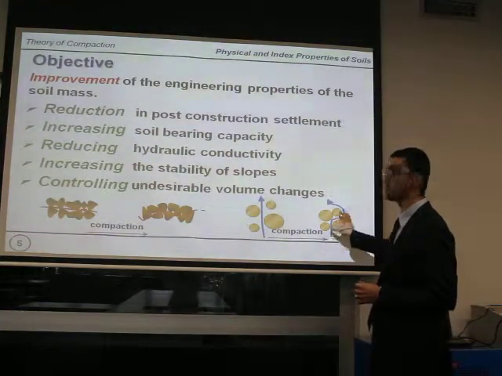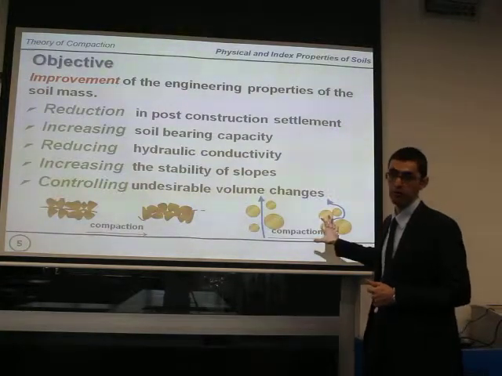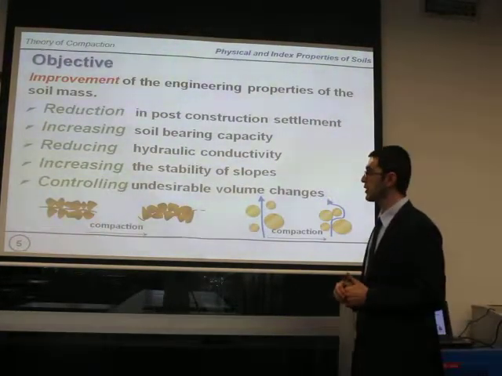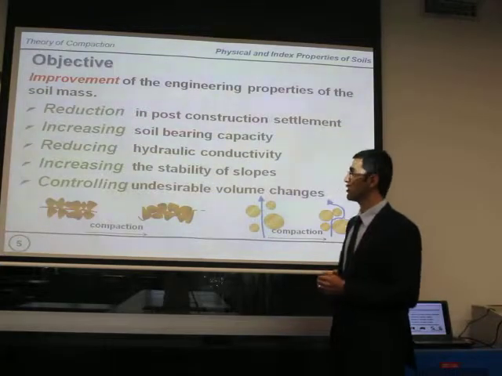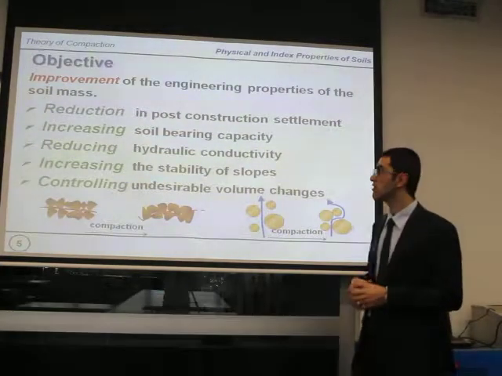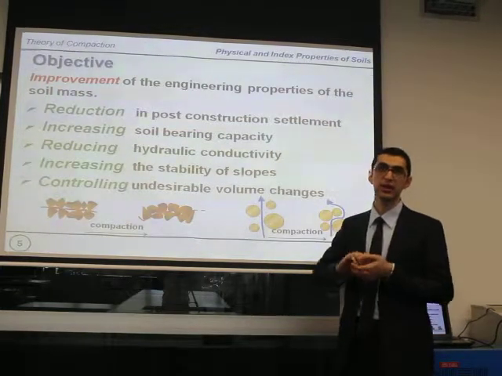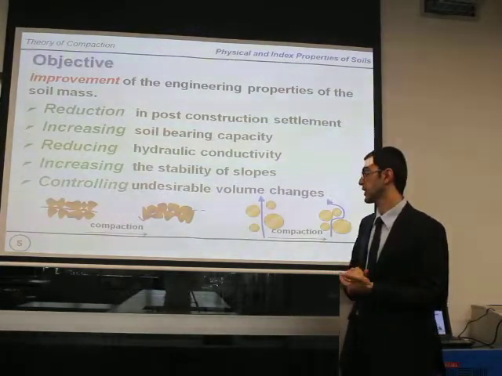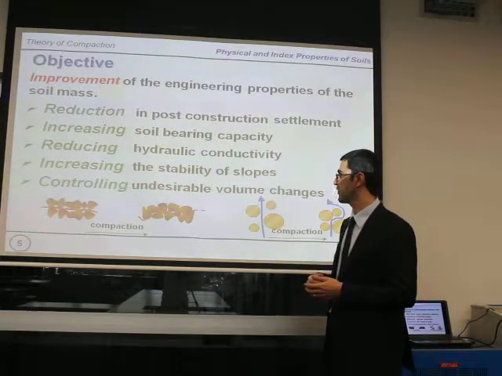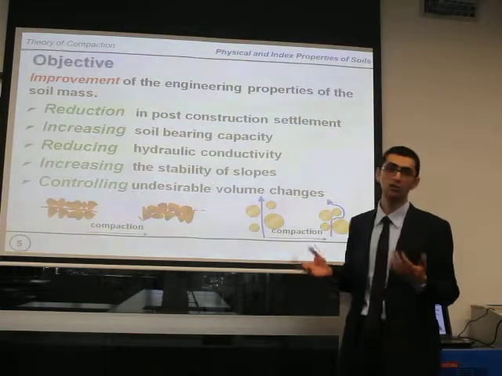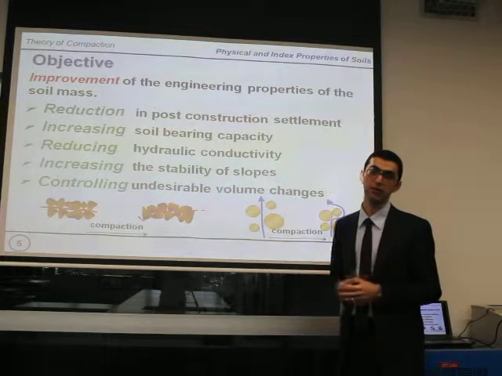That's why the permeability of the soil specimen will be reduced. Another objective of compaction is increasing the stability of slopes by having more interlocking between the soil particles. And we can control undesirable volume changes as a result of compaction.